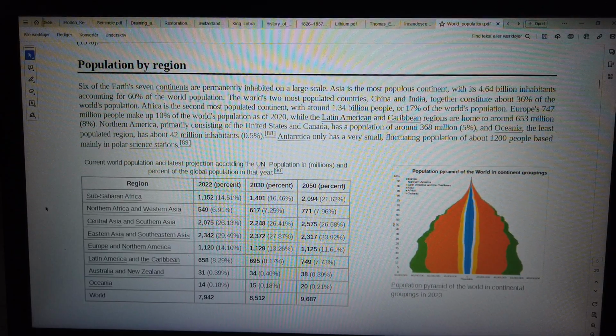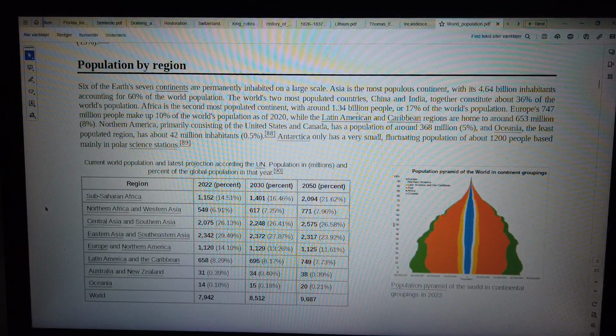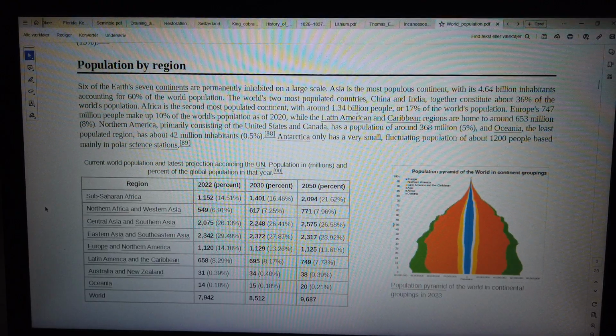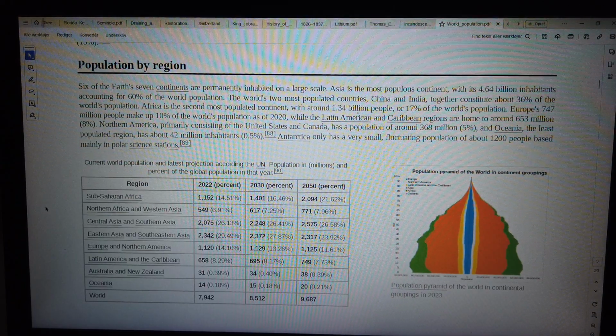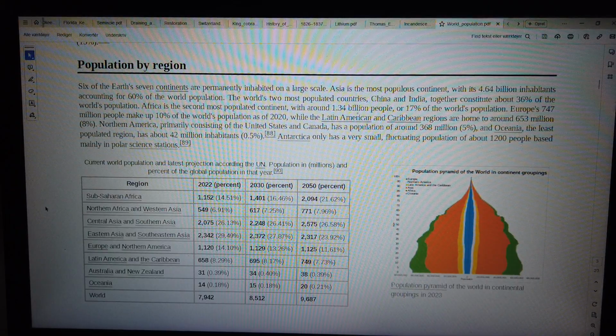Europe's 747 million people make up 10% of the world's population as of 2020, while the Latin American and Caribbean regions are home to around 653 million, 8%.